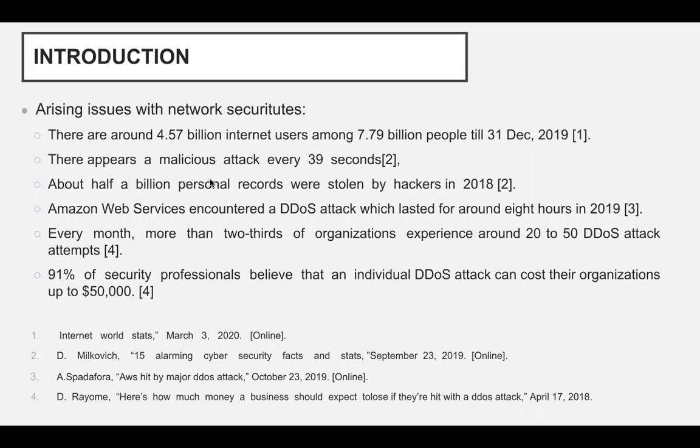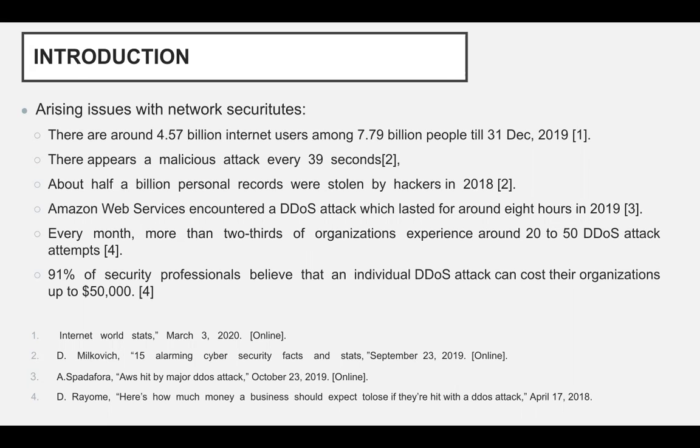So nowadays, internet is probably the most available thing around the world. According to the Internet World Stats, there are around 4.57 billion internet users among 7.7 billion people till 31st December 2019. Online servers are apparently the storehouse of data.